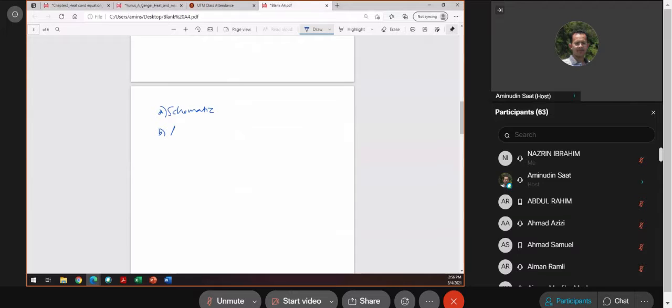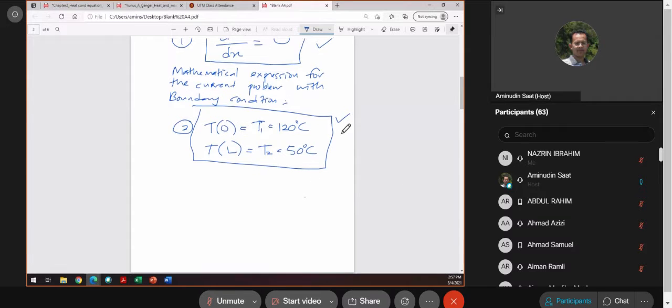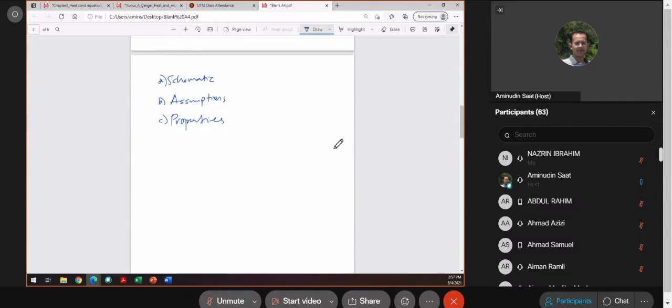You need to state your assumptions. Then you need to define the properties that are probably required for your analysis.